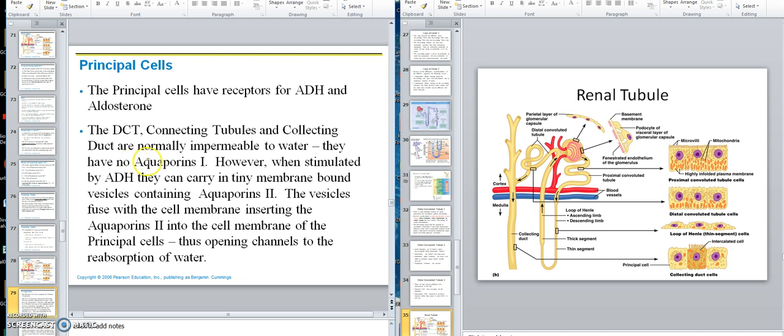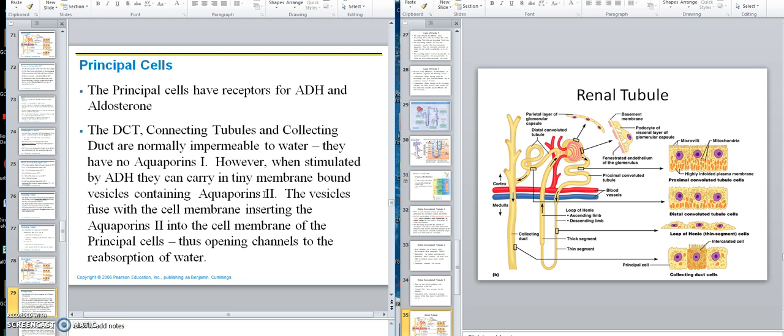They have no aquaporins. However, when stimulated by antidiuretic hormone, they can carry in tiny membrane-bound vesicles containing aquaporins 2. See, aquaporins 1 are the permanent ones. Aquaporins 2 are considered facultative, which basically means they come in under homeostatic balance.